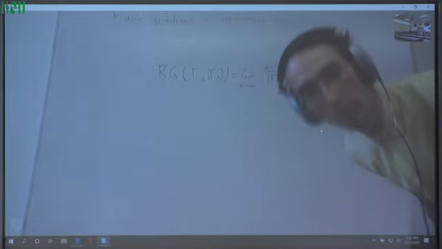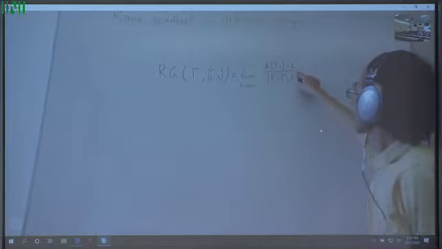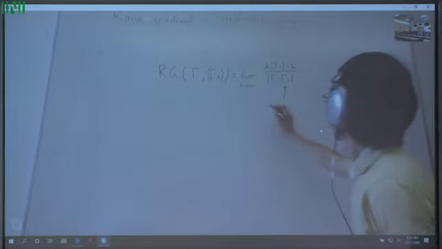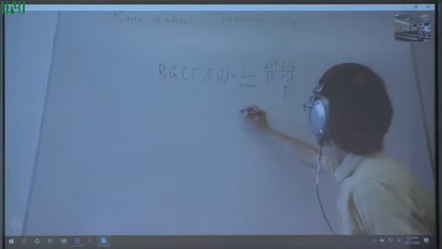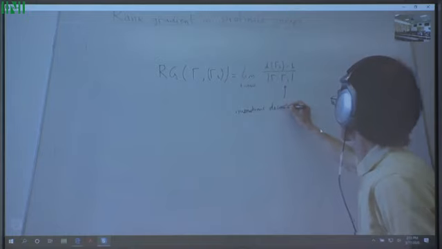And the first observation is that this limit always exists because this sequence is a monotonic decreasing sequence.